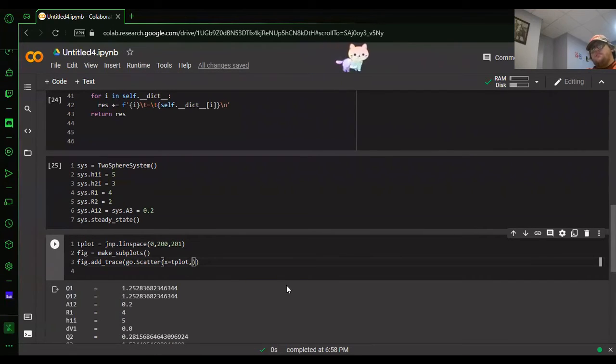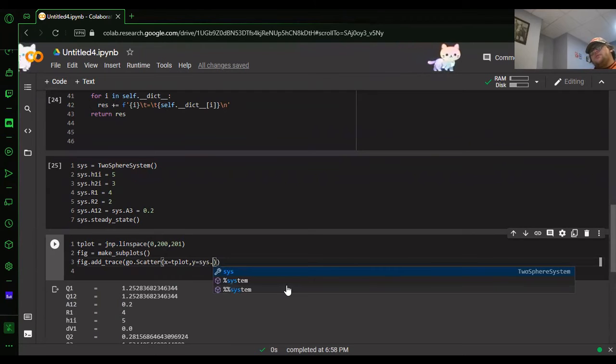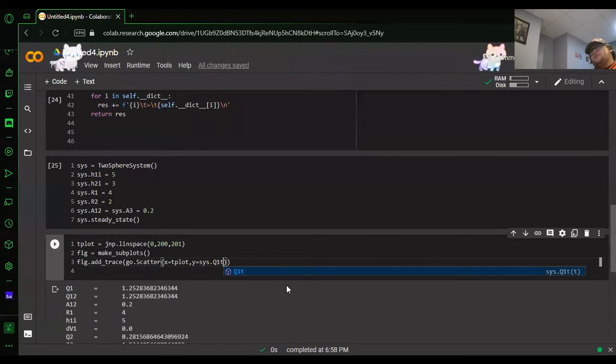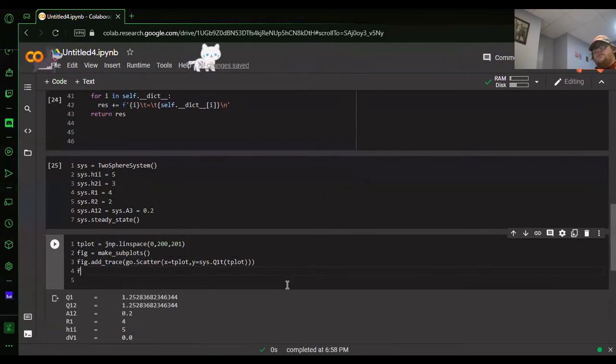Now my variable names are mixed up today. And our y is going to be sys.q1 of t plot, then show.